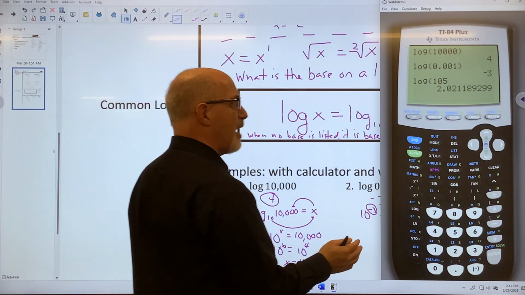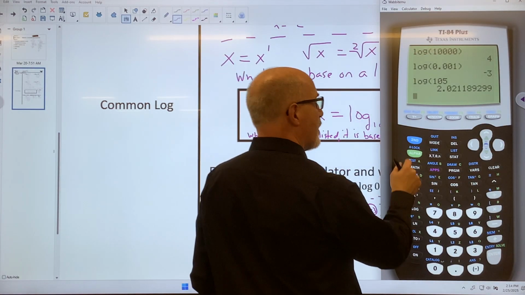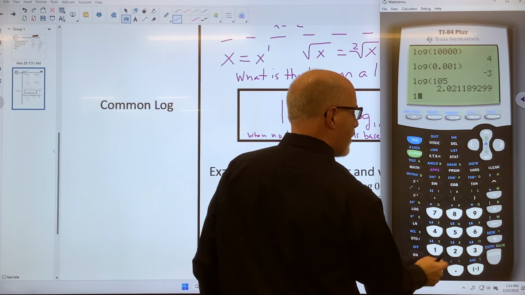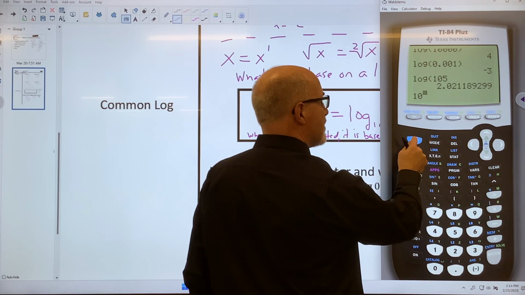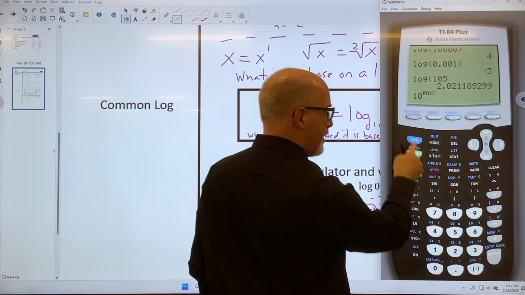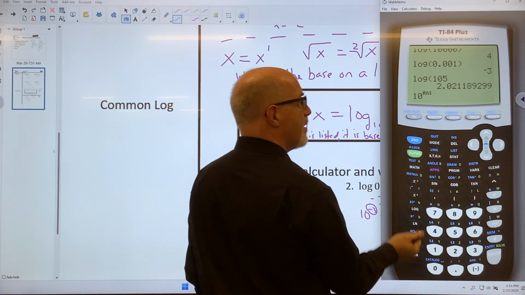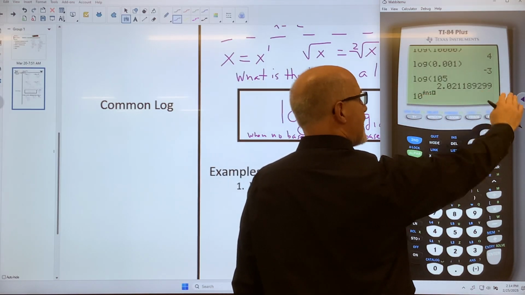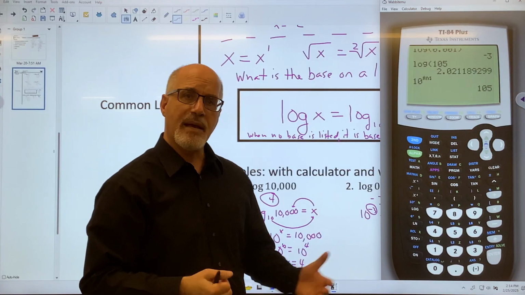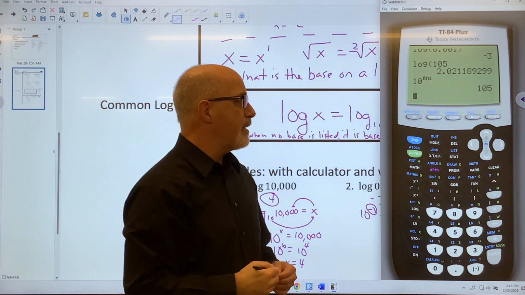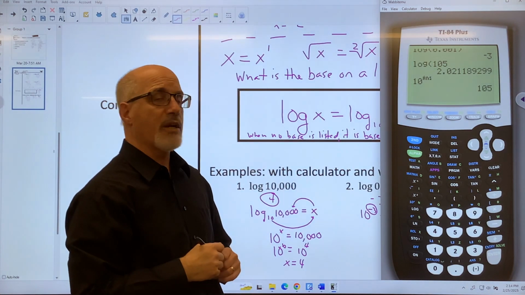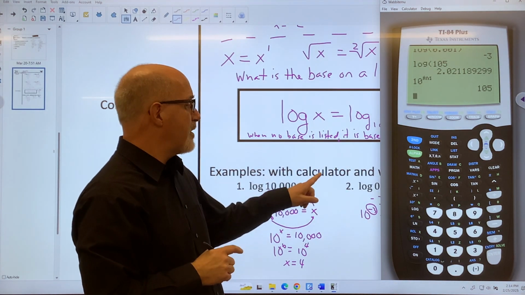But we can check it by putting 10 to the power of the answer, which we have stored in the answer button down here, second answer. That stores this whole decimal, and notice when I do that, it tells me that 10 to that power is 105. It uses a little rounding to be able to do that, but if we had the exact number, it would give me 105.